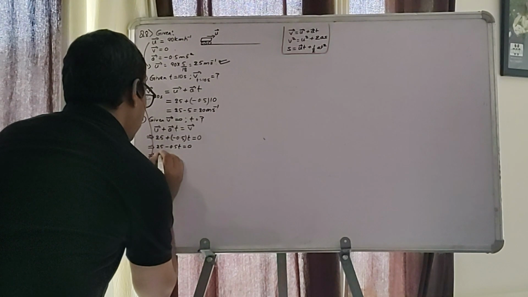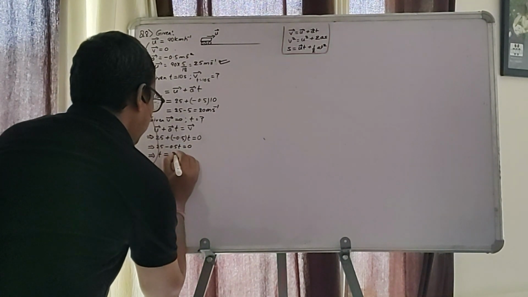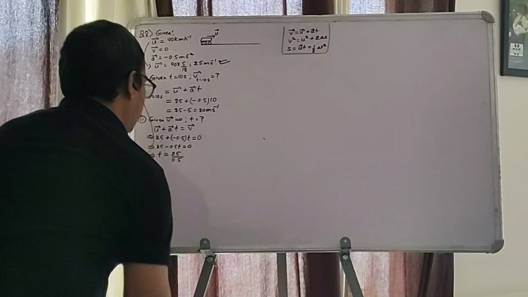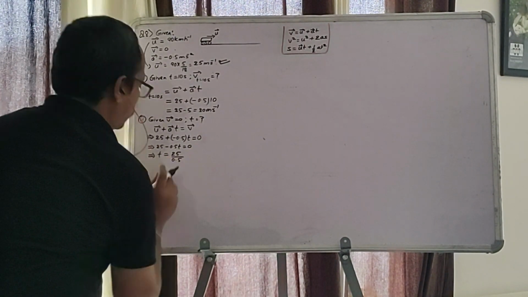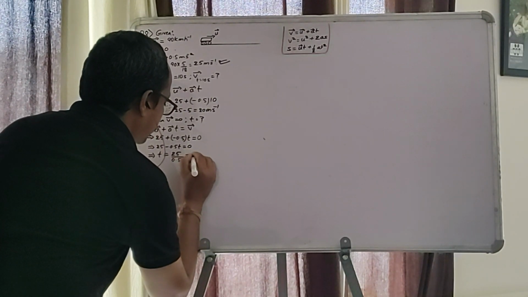So t equal to how much? 25 by half. 25 by 0.5. 25 by half will give you 50 seconds.